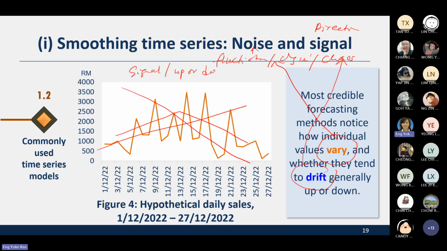This is normally what your boss will be asking. The sales how up or down? Like this one, we look at the graph. Can you say anything about this? How to answer your boss? Can you say, oh no, first up, then go down, or seems like go down, or seems like go up, or on average go up, on average go down. See, this kind of information is very confusing.